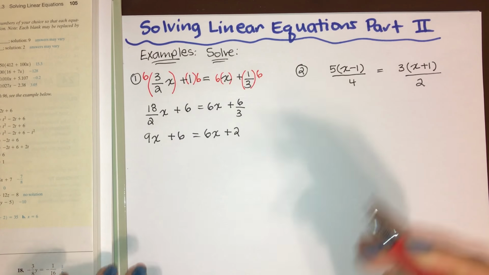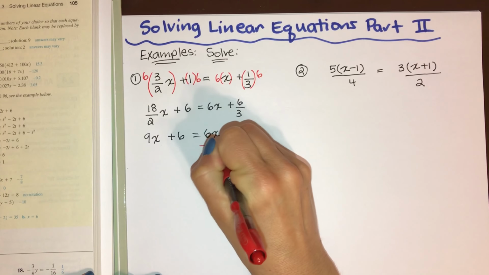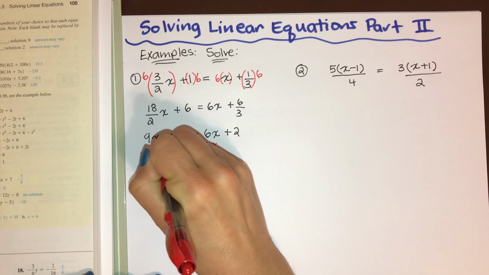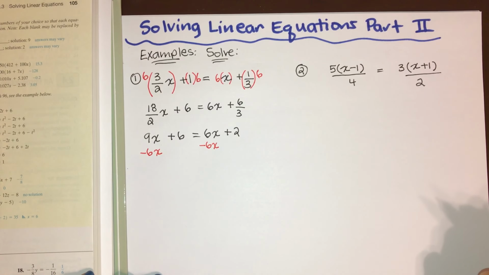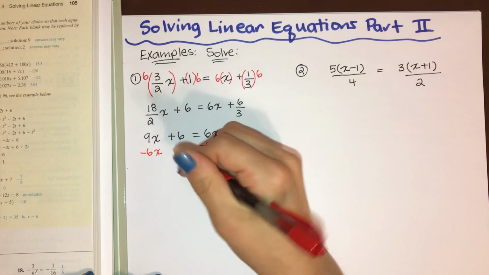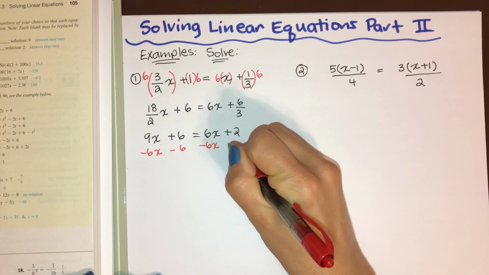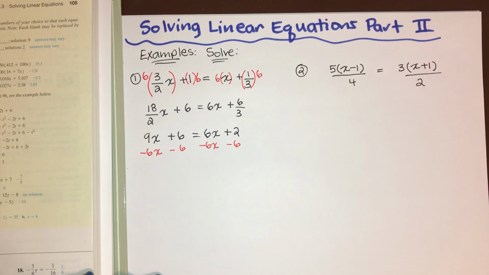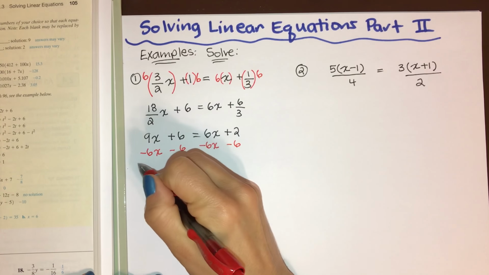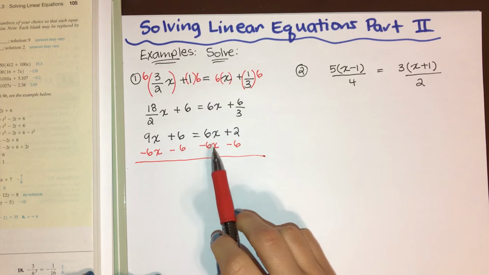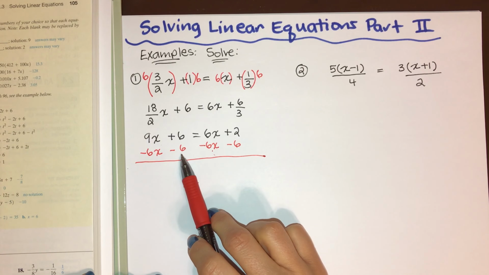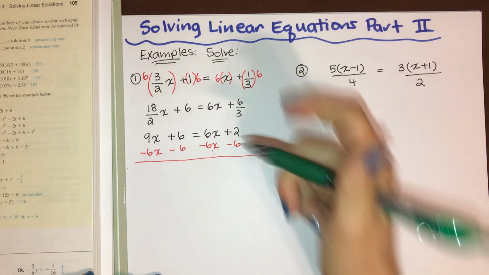So in order to do that, we subtract 6x from both sides. And at the same time, we can also subtract 6 from both sides. You can do this in 2 steps or 1 step. Remember, that's 0. We could cross it out if we want.